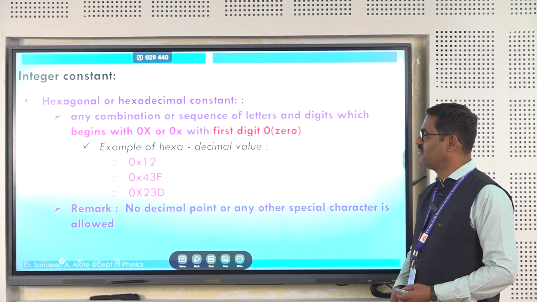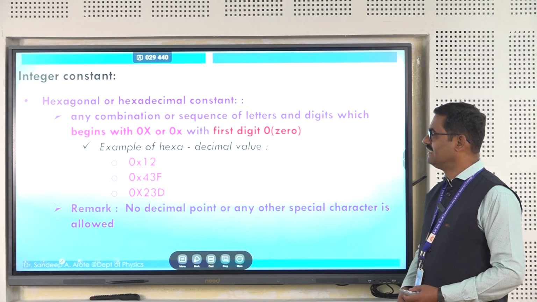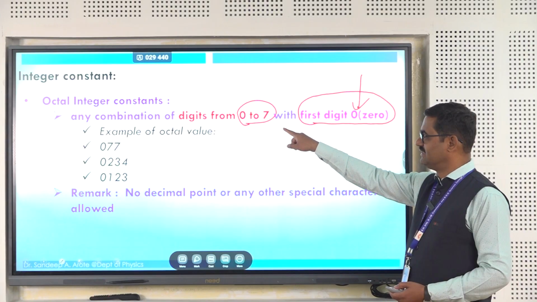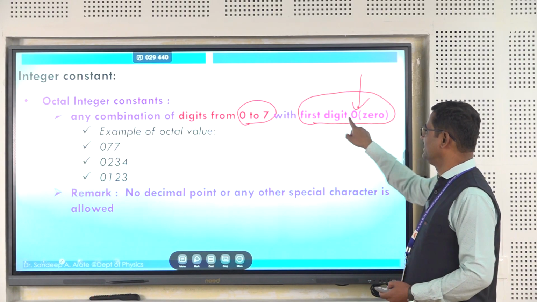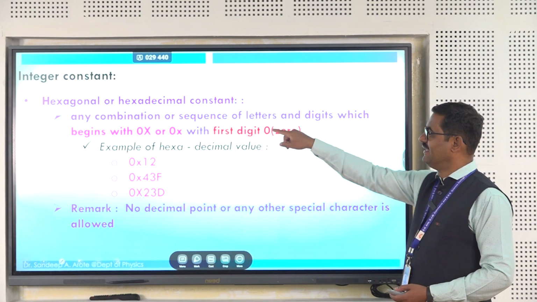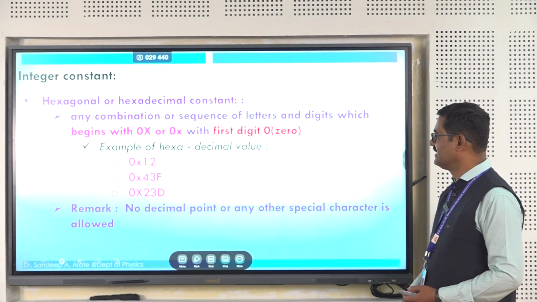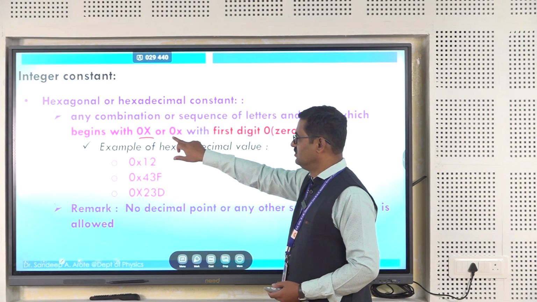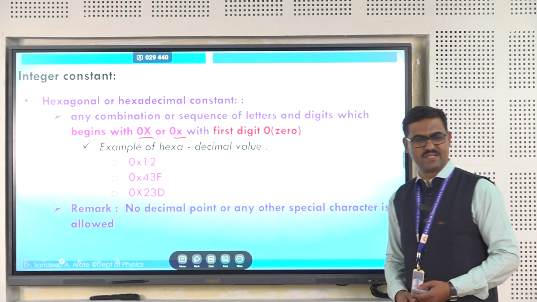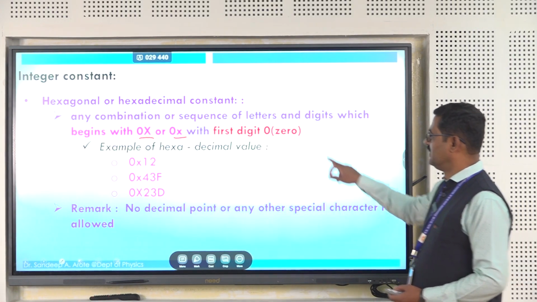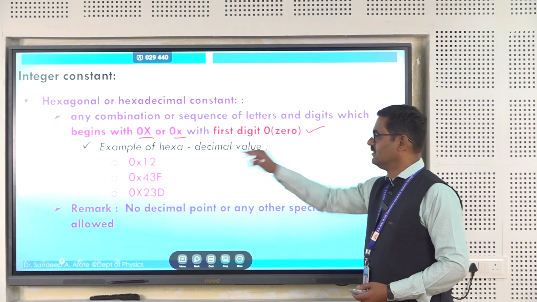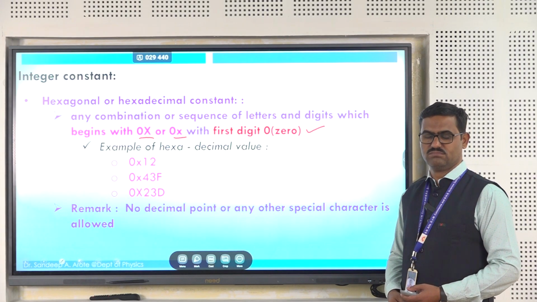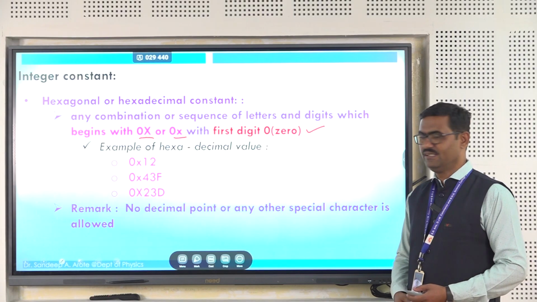Then next is the hexadecimal integer constant. Here, it is any sequence of letters and digits with leading 0x or 0X, where x can be in uppercase or lowercase, with the first digit as 0, and you can go up to the letters A to F, either in lowercase or uppercase.